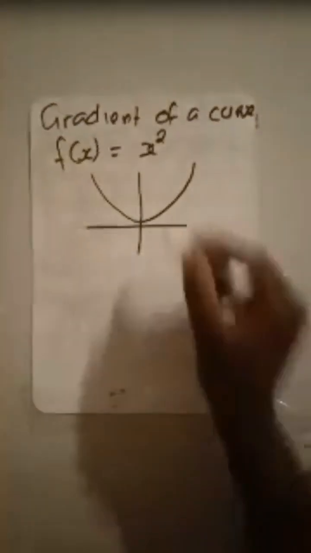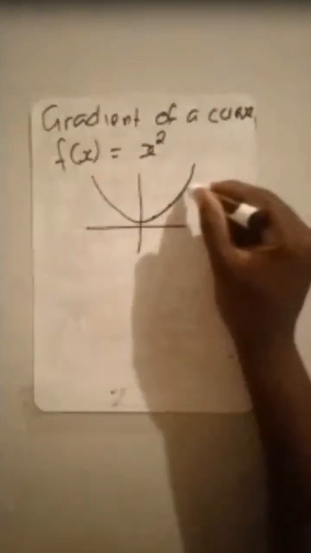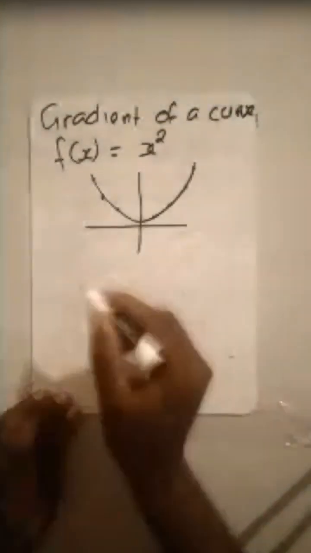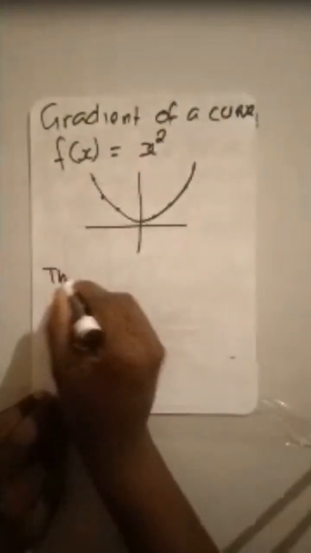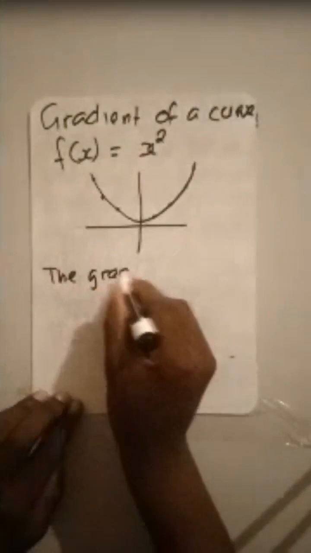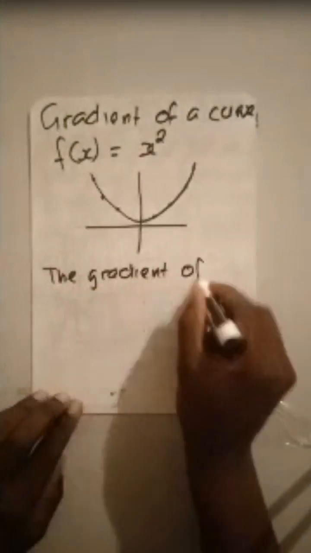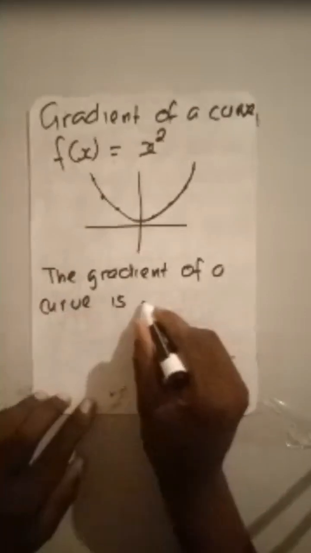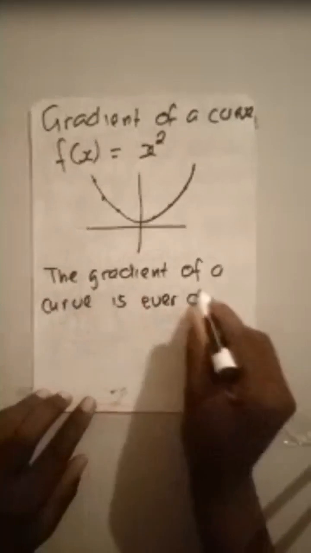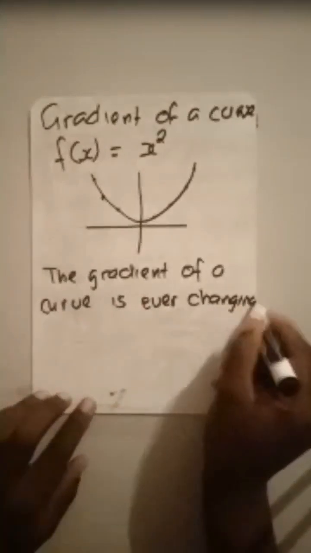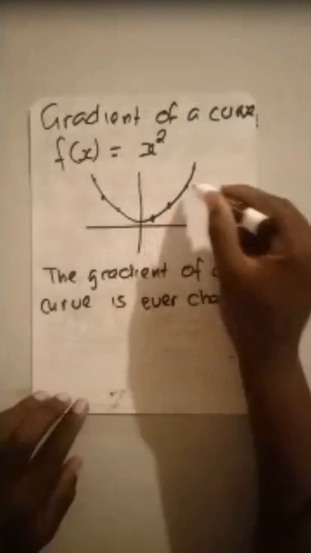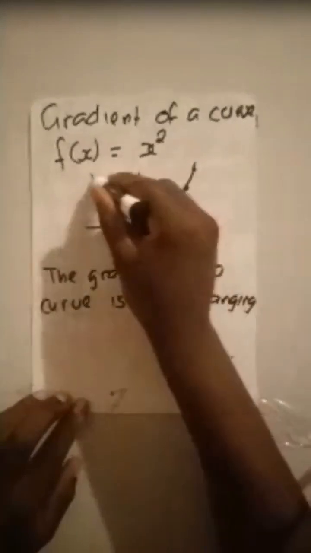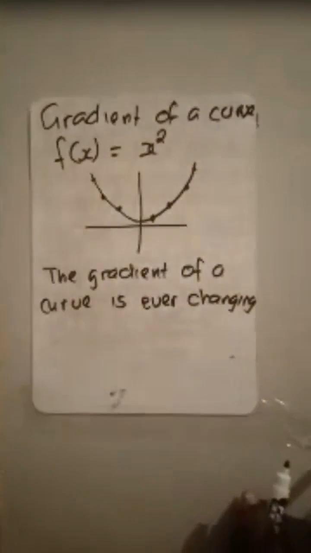We can see that at any point, the gradient is not the same. So we can safely conclude that the gradient of a curve is ever changing, meaning it is not the same at any given point.